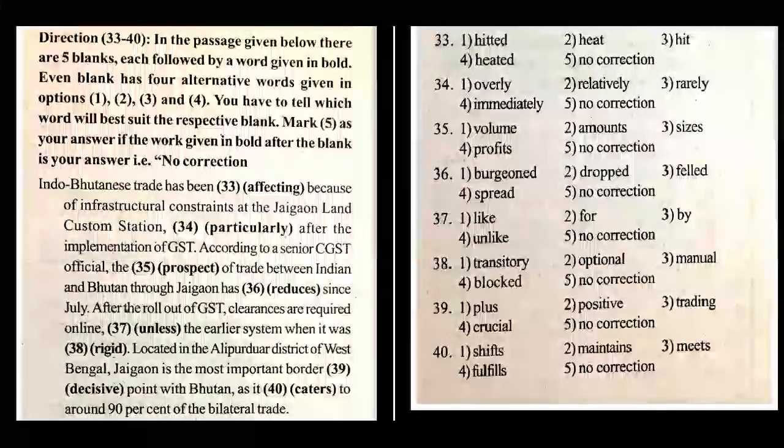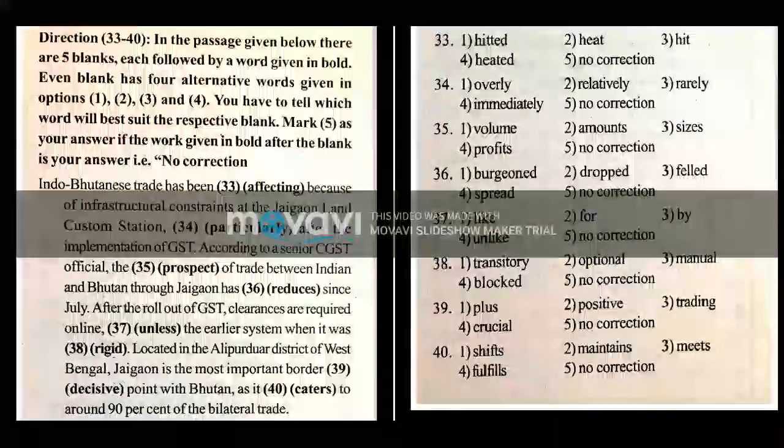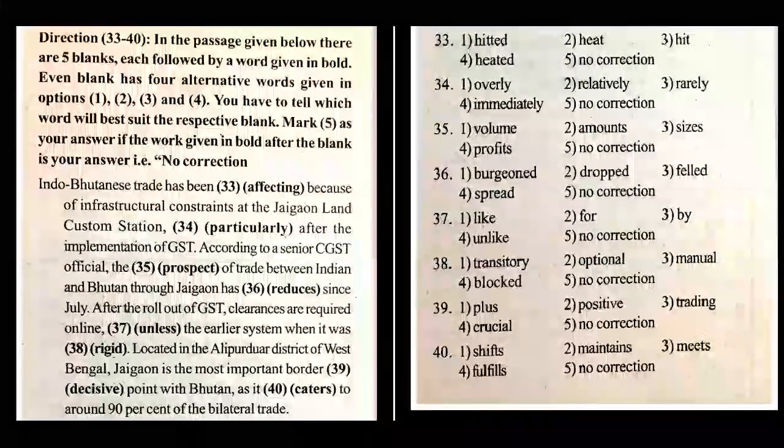And when a task is done by the involvement of people and through their work, it is otherwise known as manual. You can see in option number 3, question number 38, it is there. And since all other options do not give this meaning, all options are eliminated.